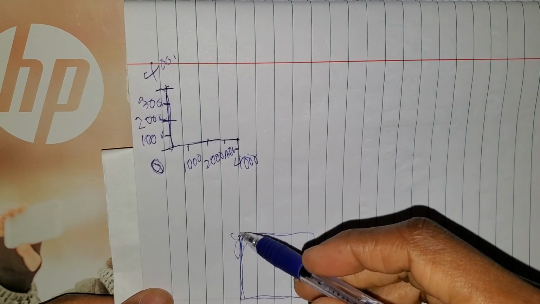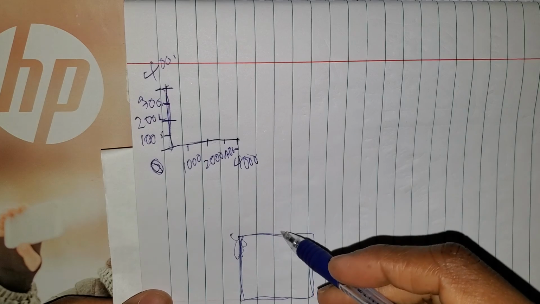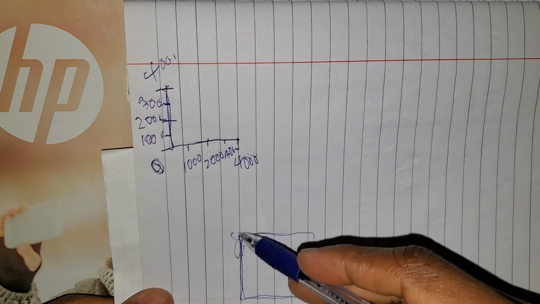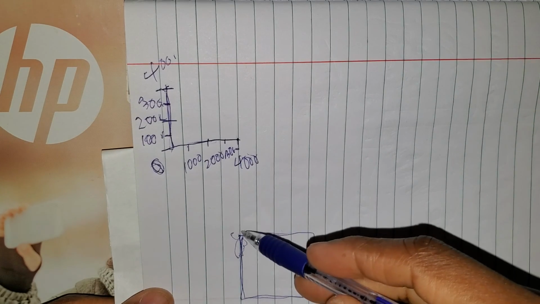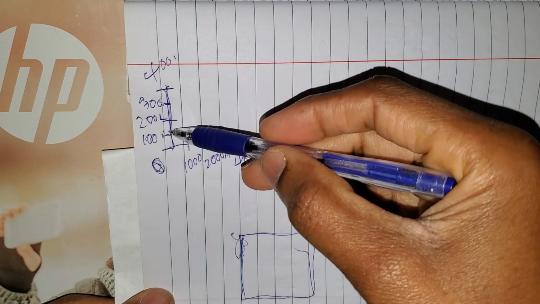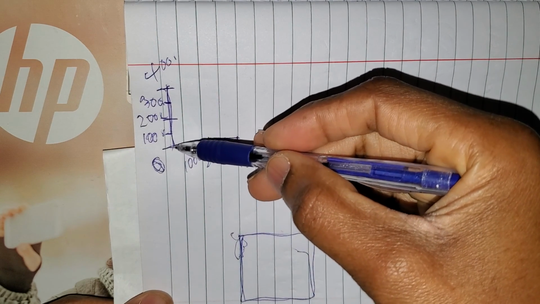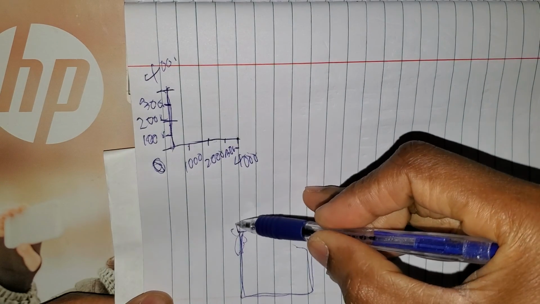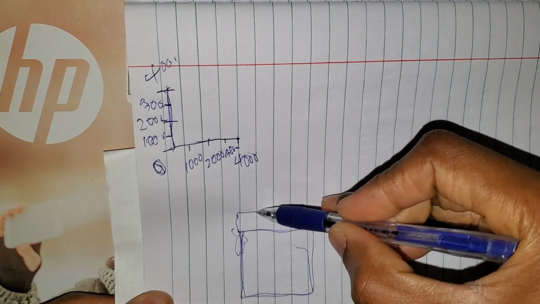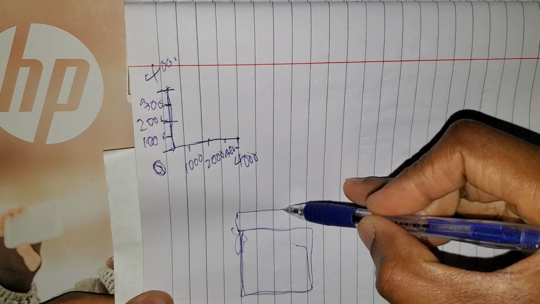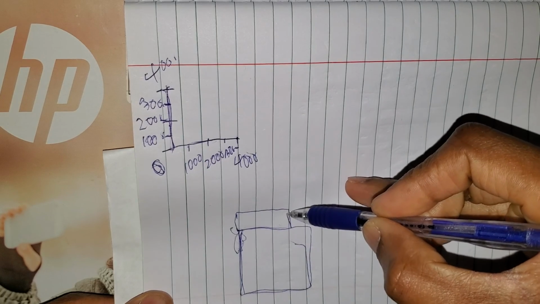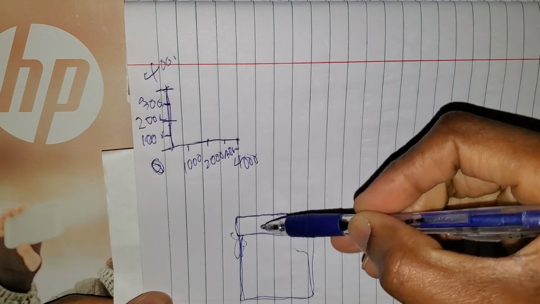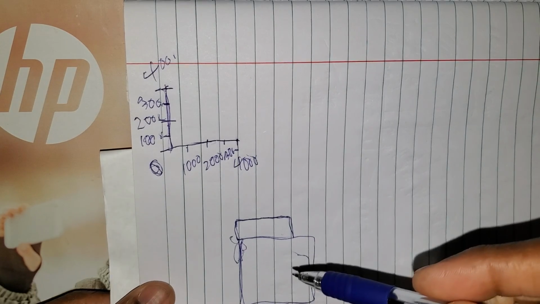Now my bathroom, which is typically 1,500 by 2,400. In this case, 1,500 would be from here to here. So I'm going to go up 1,500 by 2,400, which would be someplace like there. So this would be my bathroom.